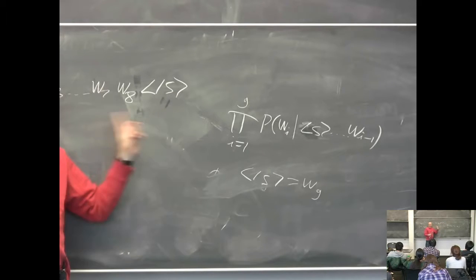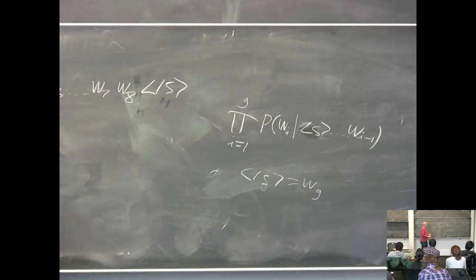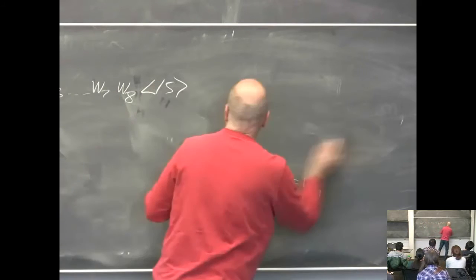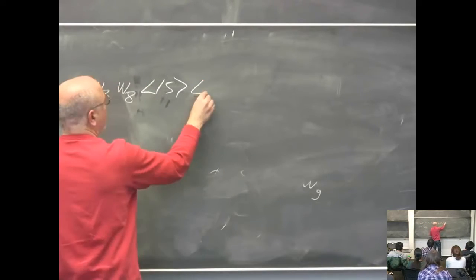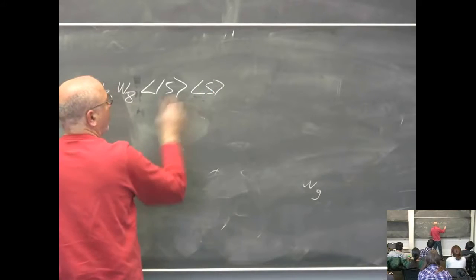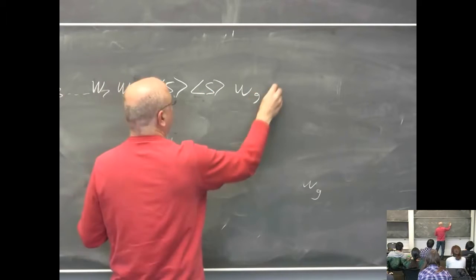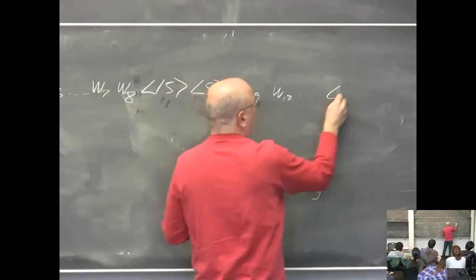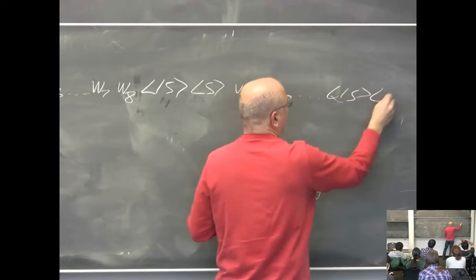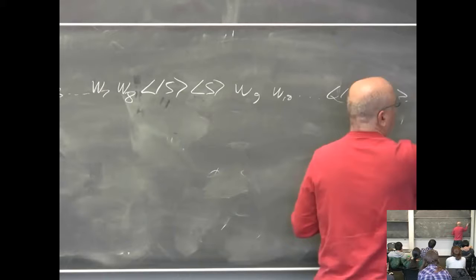So these things do make a difference. Now, one could argue that if you're looking at the probability of an entire corpus, it consists of one sentence after another, and you will notice using this notation that every end of sentence is followed by a beginning of sentence. Then you have W9, W10, and then end of sentence, and then another beginning of sentence, except for the very last one.